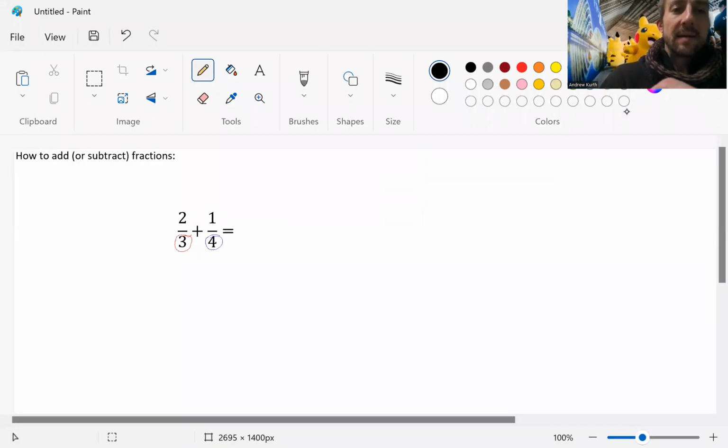Let's do it one more time. So we see it's hard to add these fractions right now because their denominators are different. We don't know how to do that. But we can multiply each fraction in order to change its denominator. Okay, so to multiply from 3 to get to 12, you had to multiply by 4.